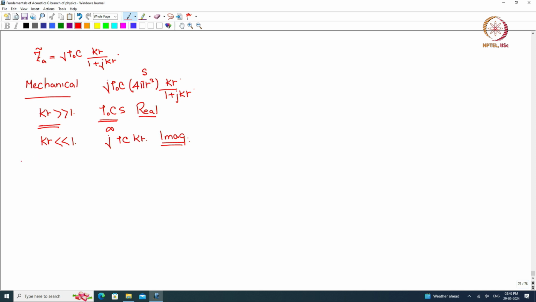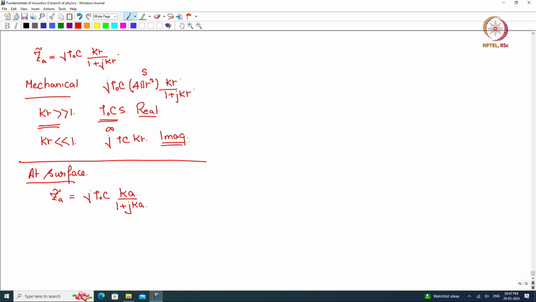Okay, that's one aspect. The more interesting one: if we specialize the mechanical impedance to the surface, what we get is Za tilde equal to j rho 0 c ka by 1 plus j ka.